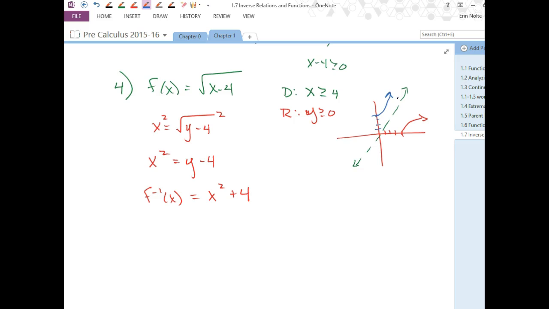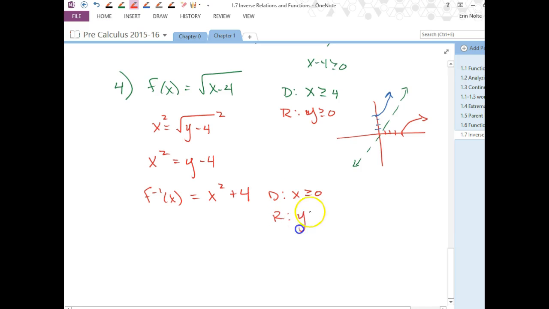Okay, so all I'm going to do is state the restriction that I was given. So my inverse function is going to be x squared plus 4, and the domain has got to be x values greater than or equal to 0, and my, whoa, wait, how do I switch?